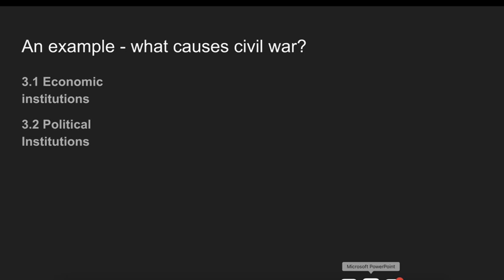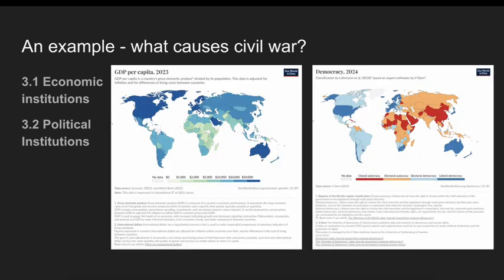Next, we're moving up our levels of analysis and we're talking about political and economic institutions. So there's actually a huge amount of studies that have looked at the role of economic development in civil war, and basically the poorer the country, the more likely you are to have a civil war.